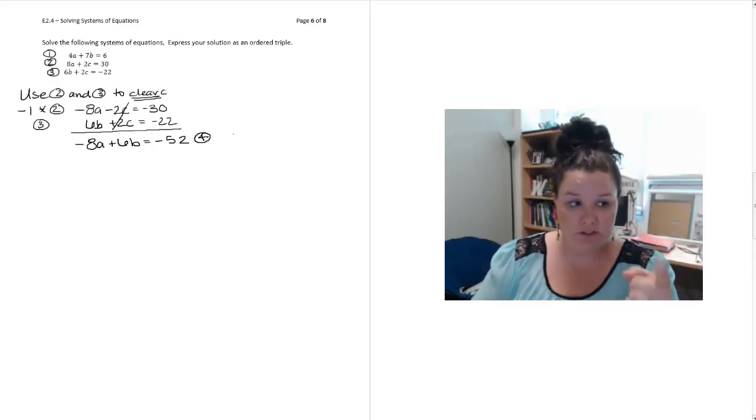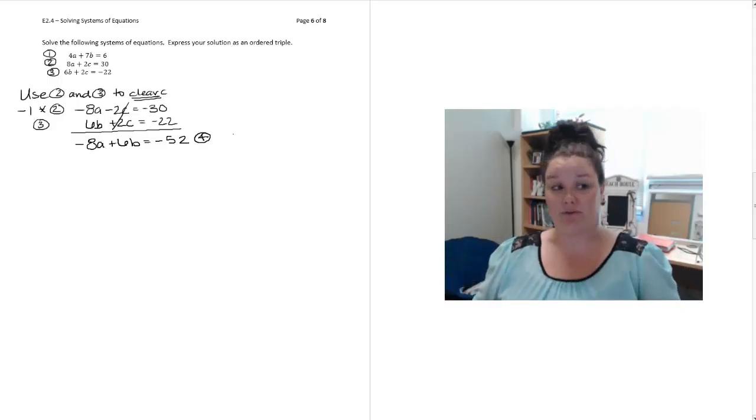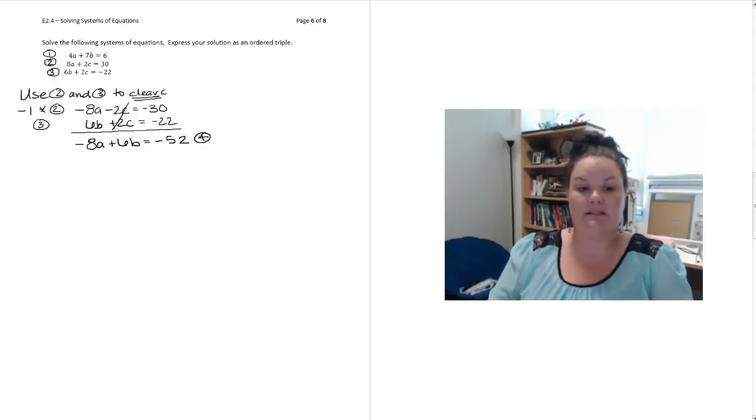And if you look at our first 3 equations, we have one that has an A term and a B term, which is equation number 1. So I actually don't even have to go through the process again. This one saved me a little bit of time. I'm going to go ahead and just use equation number 1 and my new equation number 4 to solve.